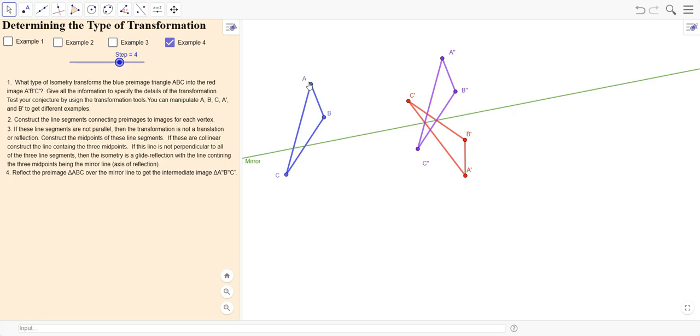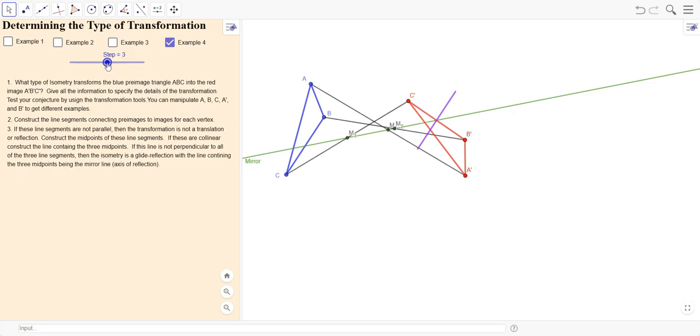And then the vector is just connecting a pre-image point to one of these intermediate image points, the corresponding one. So there's your vector. Now if you take this original one, slide it along that vector to here, then you're going to reflect around that parallel line here to get that. And remember that line was where the three midpoints all lay in a line from these line segments connecting up pre-image to image points.